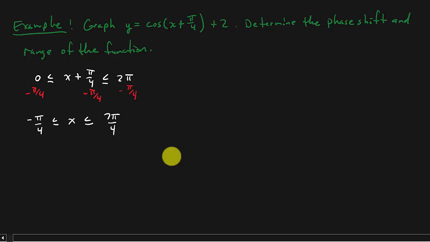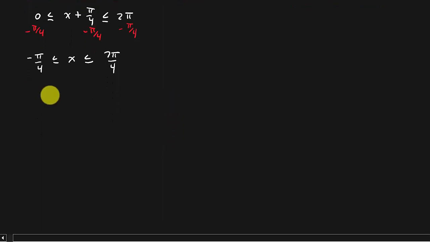Okay. All right, so let's come over here. So I'm going from negative pi over 4 to 7 pi over 4.